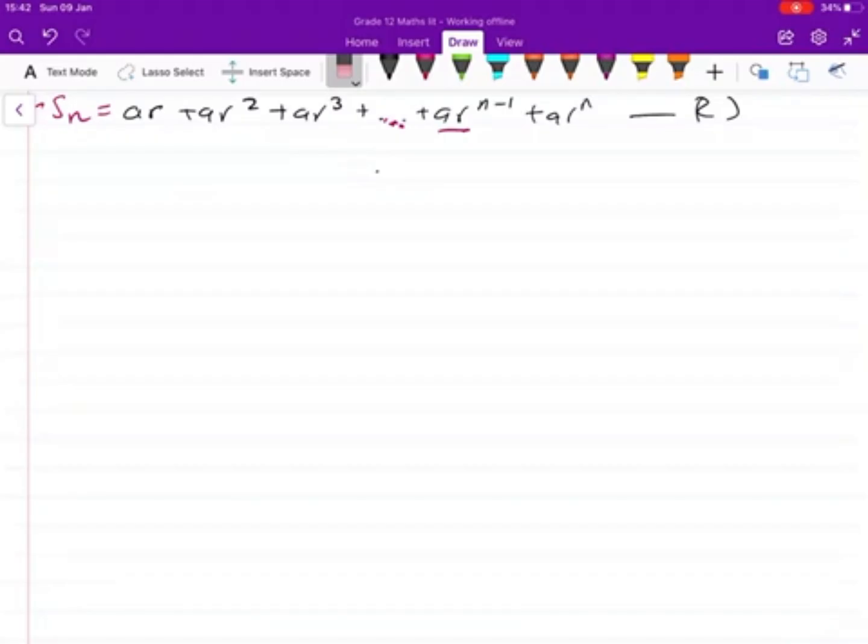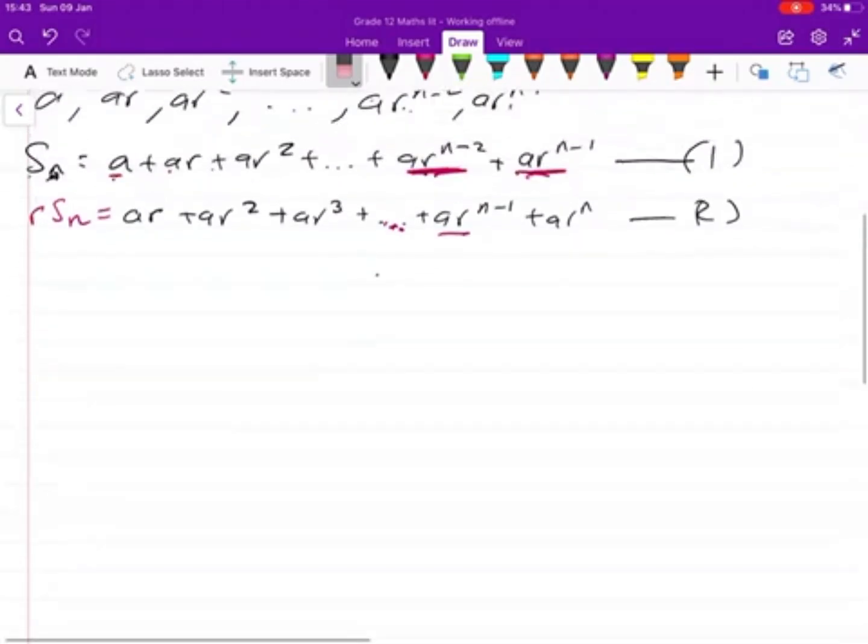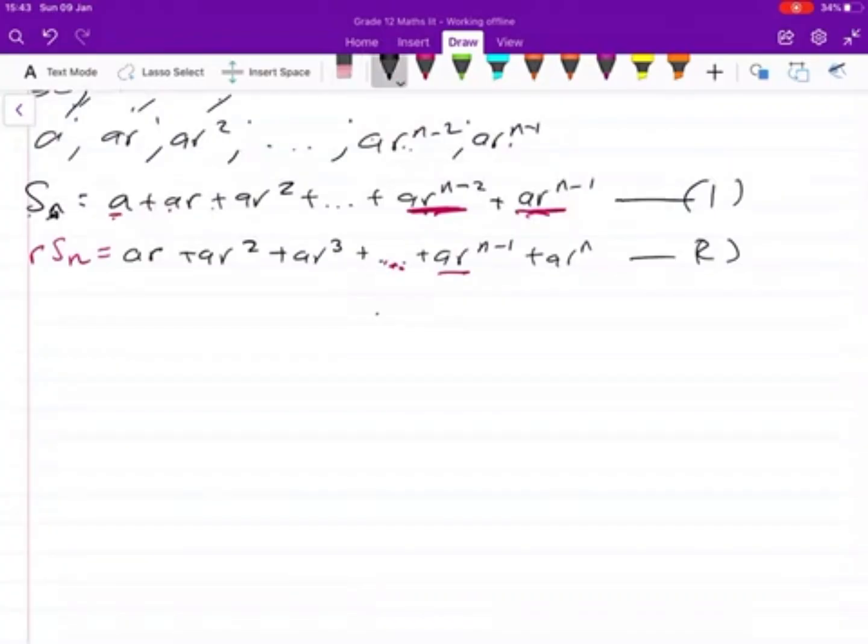Instead of saying subtract equation 1 from equation 2, we will say subtract equation 2 from equation 1. So we are just changing the order in which we did this.